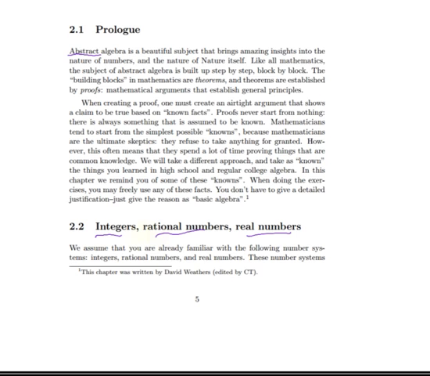So we're going to take kind of an informal approach and assume the properties of these number systems in the proofs that we do. So kind of want to get you some idea of what you can assume in your proofs. Basically, what you can assume in your proofs are the facts that you've learned about these three number systems in your high school and college algebra class.